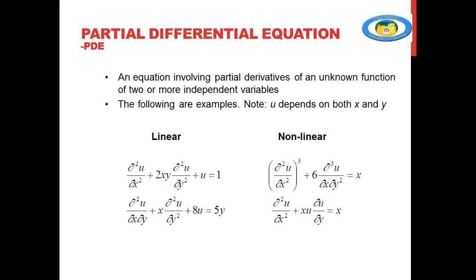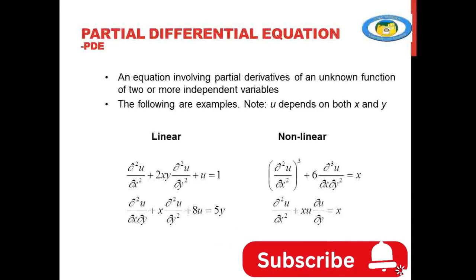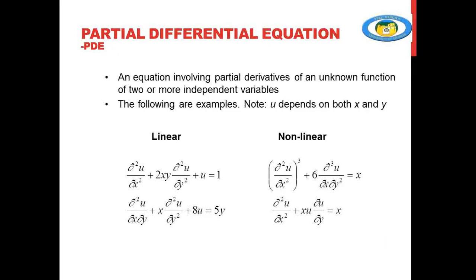If the dependent variable is not squared or not multiplied with itself, then we call the partial differential equation linear. Otherwise, it's not linear. So in this class, we deal with linear, second-order partial differential equations because of their wide application in engineering.